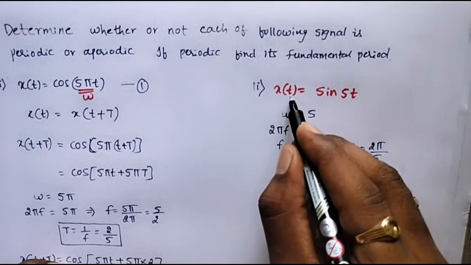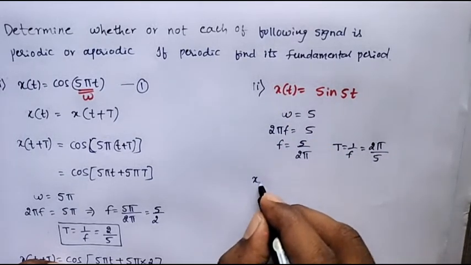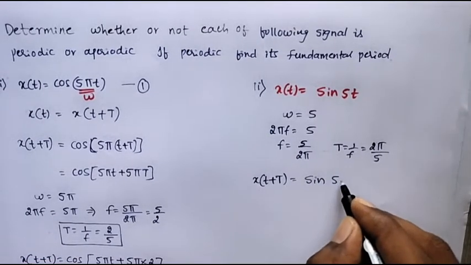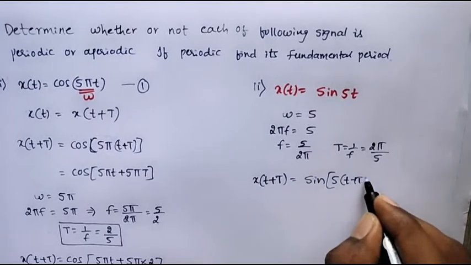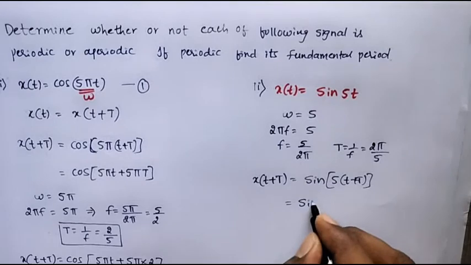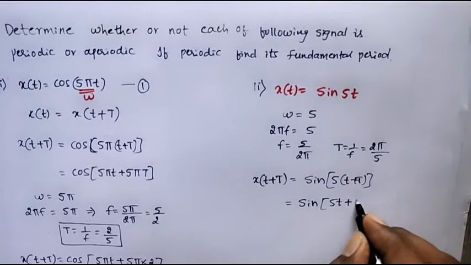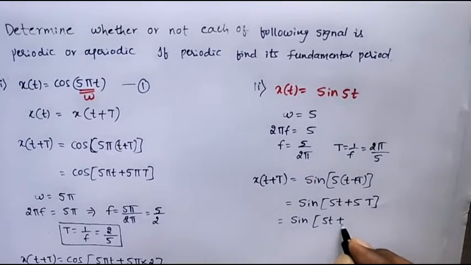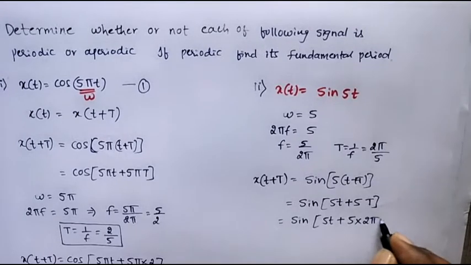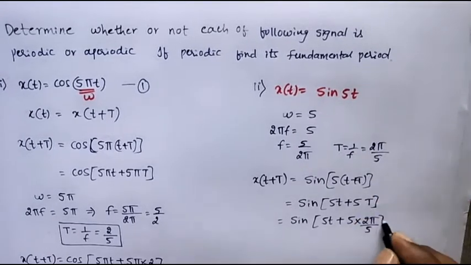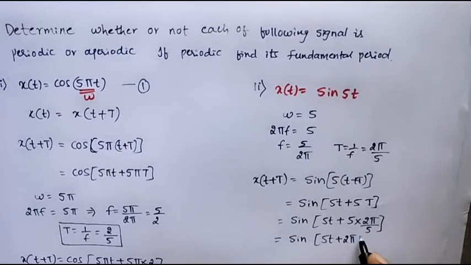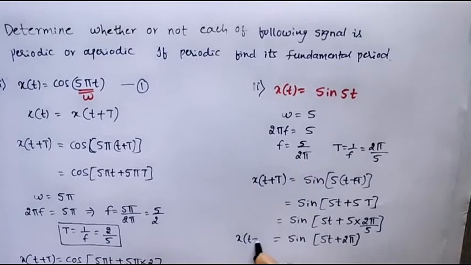So now I will write x of t plus T. This will be sin phi u t plus phi u into T, or I can write it as sin phi u t plus phi u into 2 pi by phi u, because the T value is 2 pi by phi u. Therefore I can simplify this further as sin phi u t plus 2 pi.